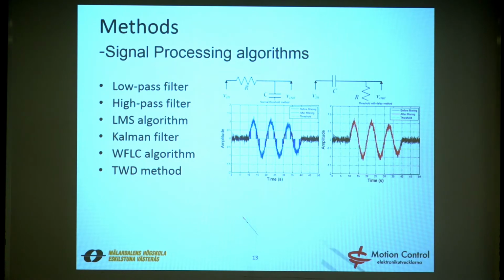We can see around the threshold level, there's an interrupt with the normal threshold method, and with the TWD method, the movement signal is smooth and continuous. But they both reduce the noise during the static state.